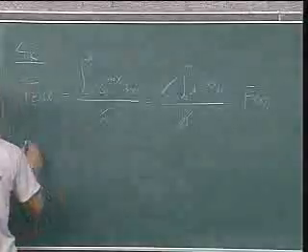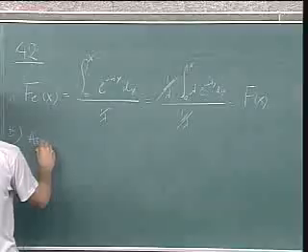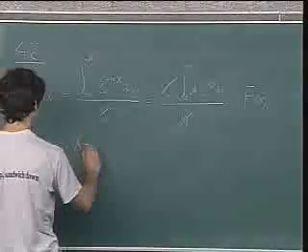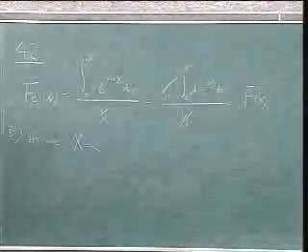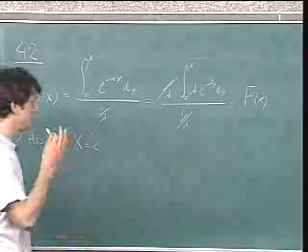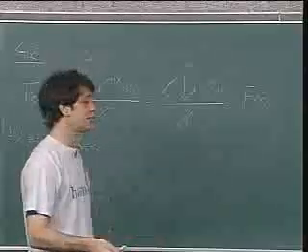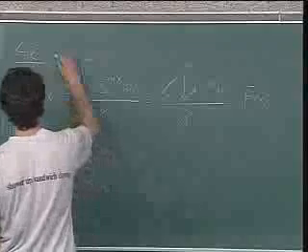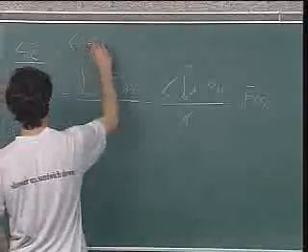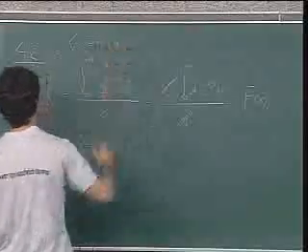Now assume the random variable X is actually equal to some constant c. So we have deterministic interarrival times.